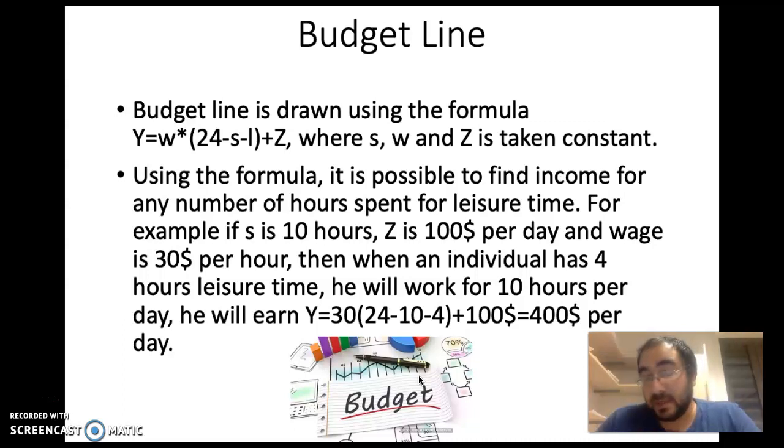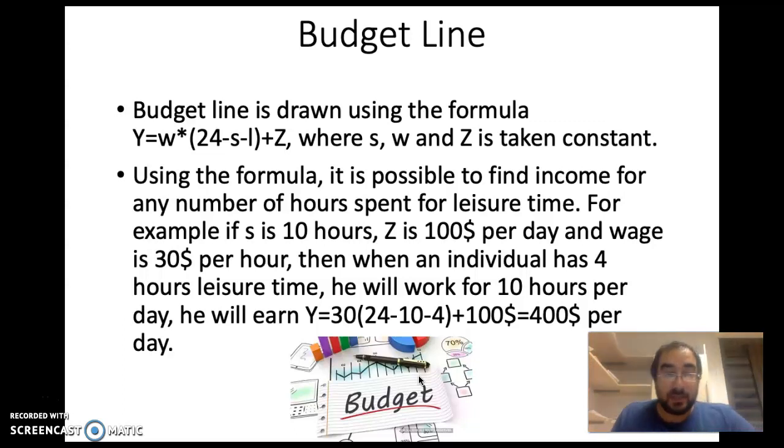Indifference curve was showing us the utility constant for different income and leisure levels. On the budget line, basically, we see different income levels for different leisure levels. So it shows for each leisure how much income we will exactly have.